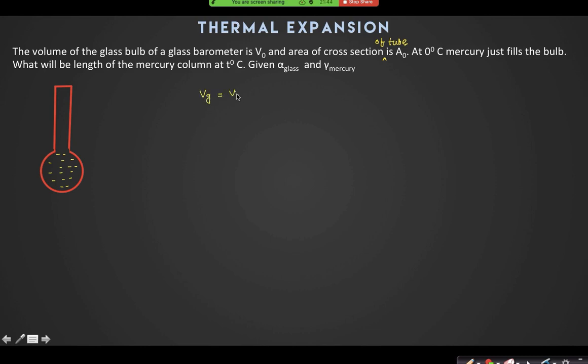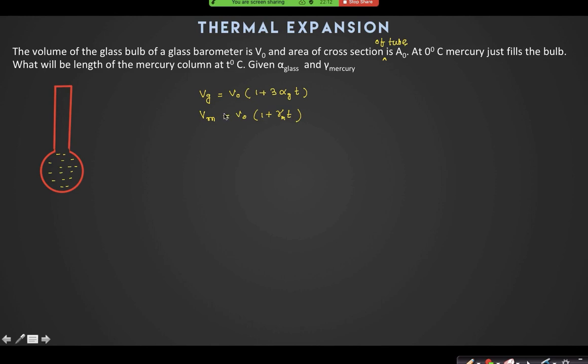Volume of the glass will be V0 into 1 plus 3 alpha glass into T. And the volume of mercury will be V0 into 1 plus gamma T.